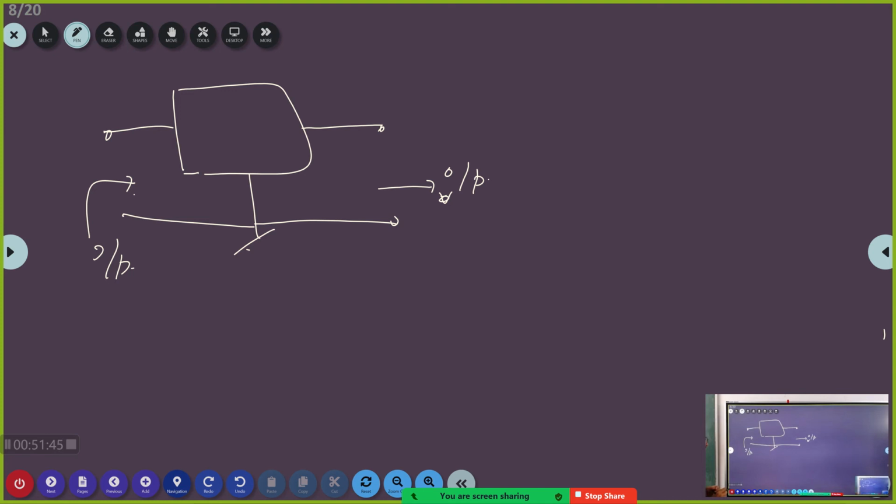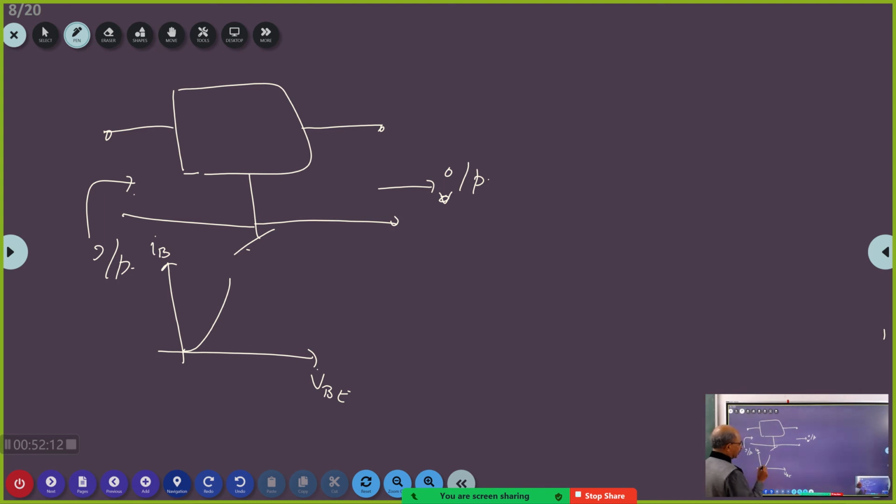So what will be the input characteristics? The input characteristic will be IB versus VBE. This will be the same as a diode characteristic, because you are forward biasing. So it is the input characteristic.